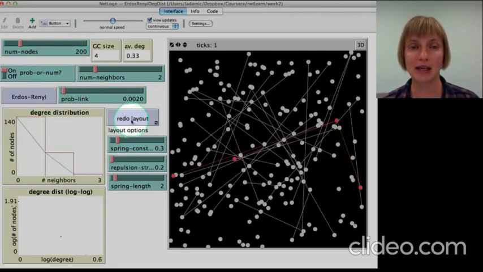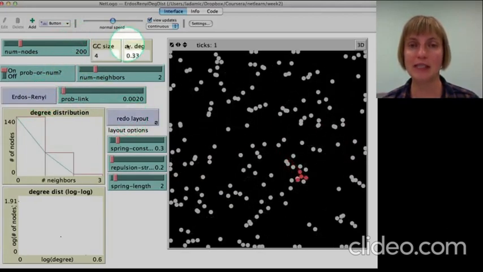I click the link, I can do the layout, and what we see here at average degree 0.3 is that we have many isolated nodes, so degree 0 is the most common degree, and a few dyads, even one node having 3 neighbors. Let's see what happens as we up this probability, maybe to 0.5%.